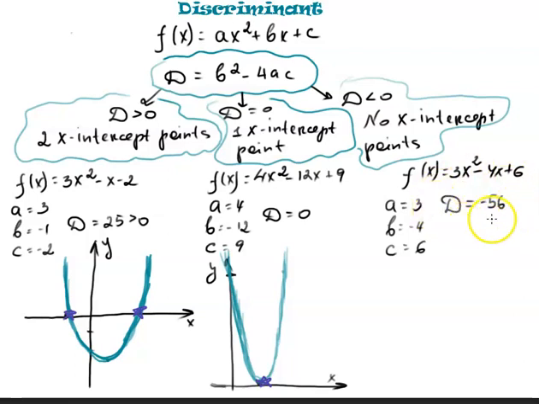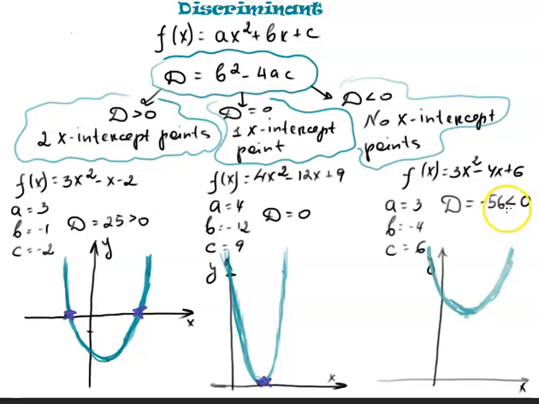We did that in a previous video, which is less than 0. So when the discriminant is less than 0, then your graph, your parabola, will have no intercept points with the x-axis. Your graph will look somewhat like this, and as you see, there are no intercept points with the x-axis.